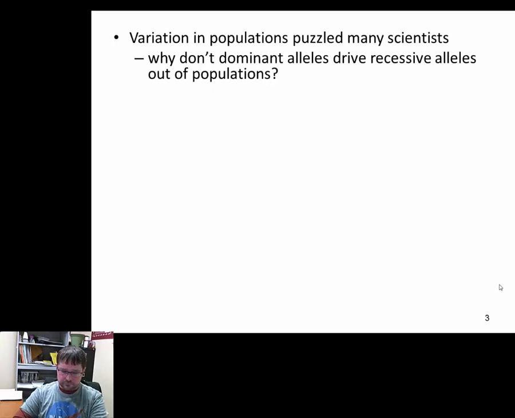So in the early 1900s, once we started rediscovering Mendelian genetics, after Mendel had published his material and someone eventually found it and figured it out, and we figured out what chromosomes were, and we were starting to find out what DNA was, a lot of biologists questioned: if we knew that a single characteristic is dominant, then why do we still see recessive characteristics in a population?